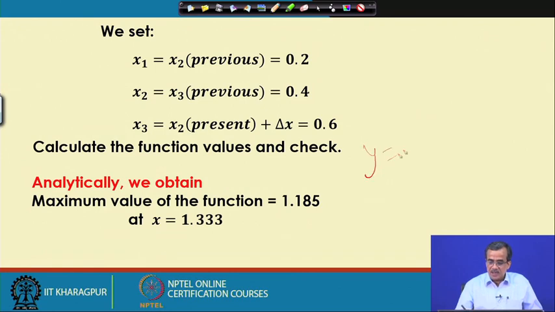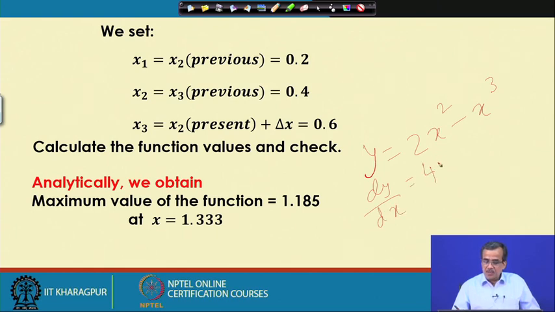So, y is 2 x square minus x cube. What we do is we find the derivative, that is dy dx, and that is nothing but 4 x minus 3 x square, and we put this equal to 0 and we solve for x.